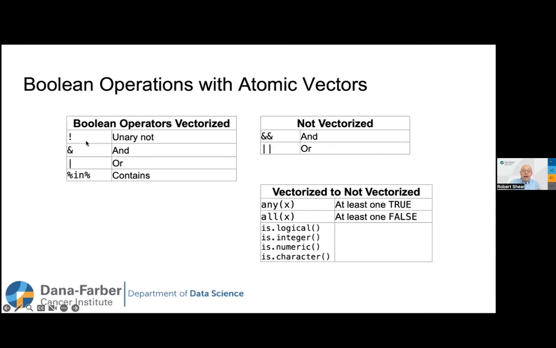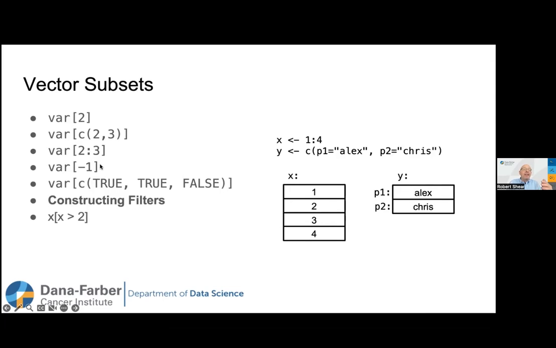Minus one, like what? This subscripting is only superficially like Python. So don't think about -1 the way you think about it as a Python programmer. The minus sign indicates everything except this subscript. So if I put a minus sign out here in front of the c, so I'd apply the minus sign to both the 2 and the 3, it would return everything except the numbers 2 and 3.